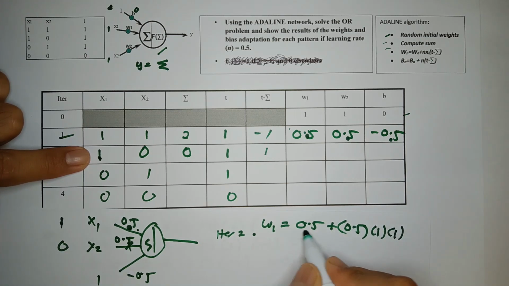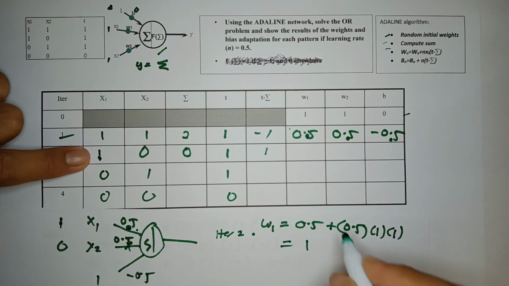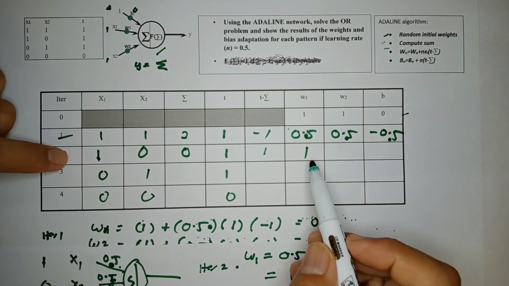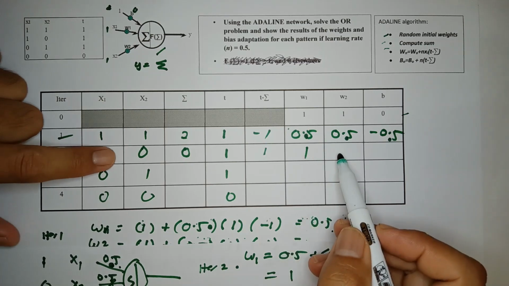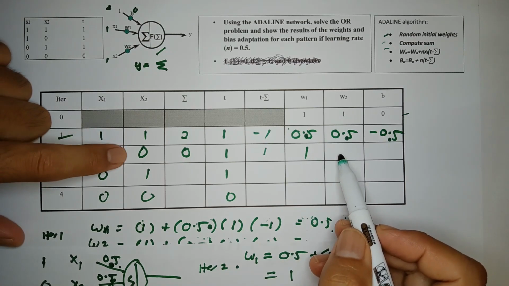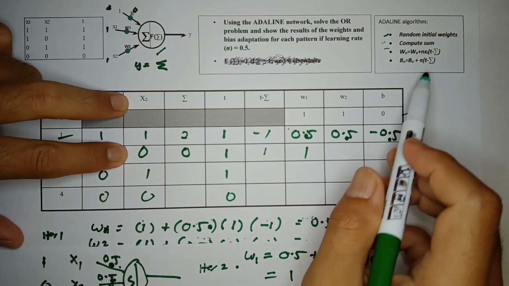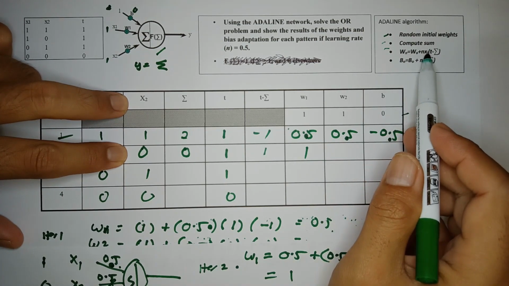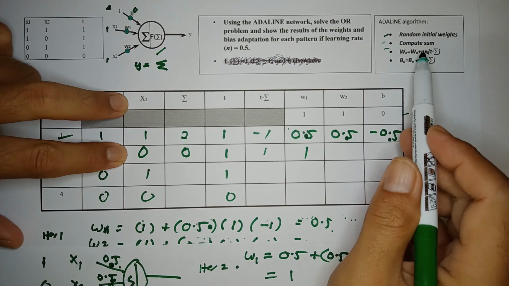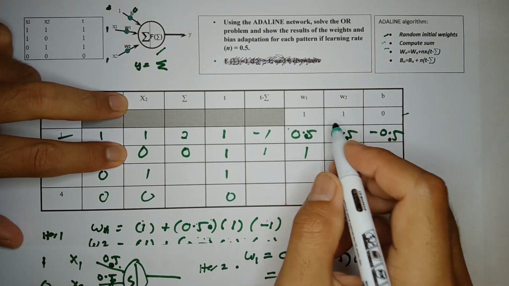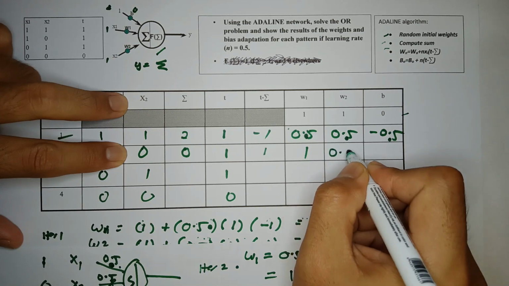So in this case 0.5 plus 0.5, which is equal to 1. So this will be equal to 1. Once you have selected that part, we move on to W2. Since x2 is equal to 0 here, we can straight away say that the new weight will be equal to the previous weight. So in this case, straight away 0.5.